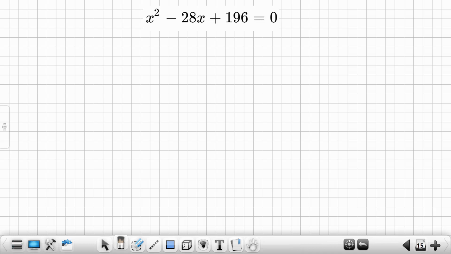No, it's here. You can, sure. I'll use easier numbers, so on the test, probably not. I'll use the easier numbers. At this point in the notes, I'm not going to give you, you have to do 28 squared minus 4 times 1 times 196.